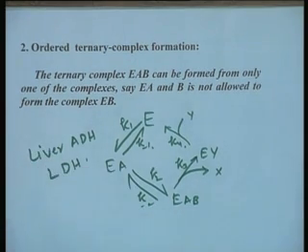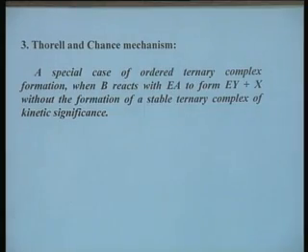Now a special case of ordered ternary complex formation is the Theorell and Chance mechanism, because in many enzyme-catalyzed reactions, Theorell and Chance observed that very often the ternary complex is not a very stable entity, and it exists only for a short period of time.